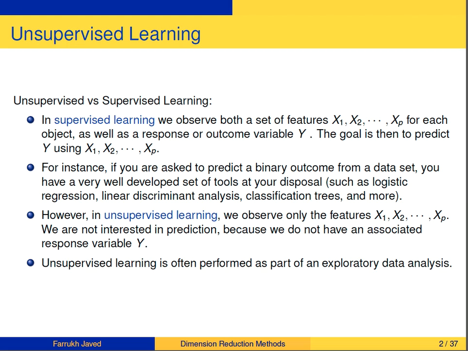We want to know how x evolves, what the structure of x is, how the x variables depend on one another, how they behave, right? So unsupervised learning is often performed as a part of exploratory data analysis. There is no response involved, and we are only interested in the behavior of the x variables. And if you do so, then we call this unsupervised learning.